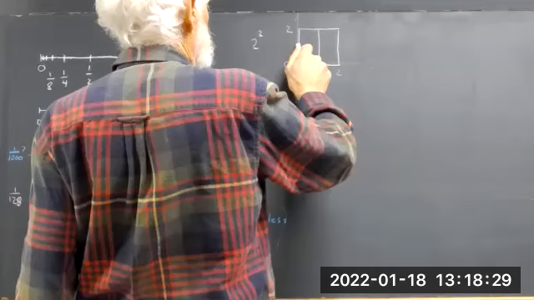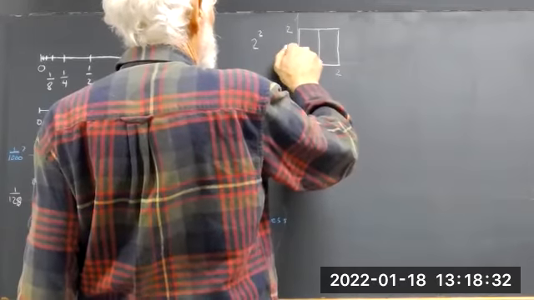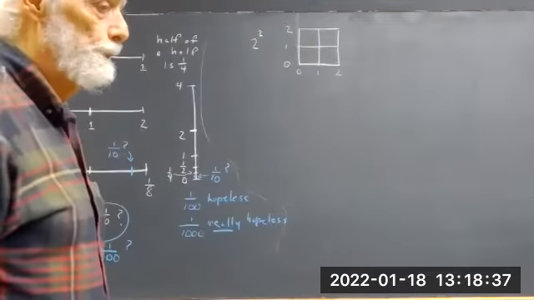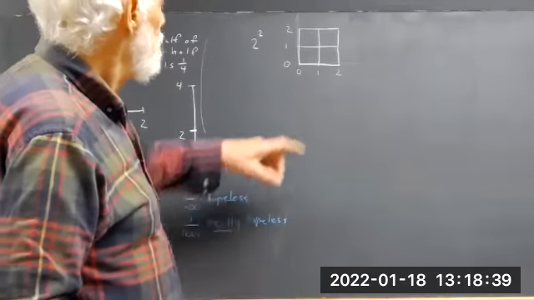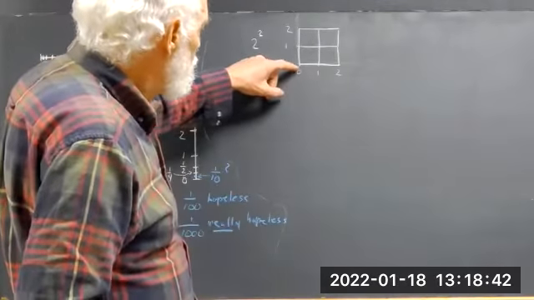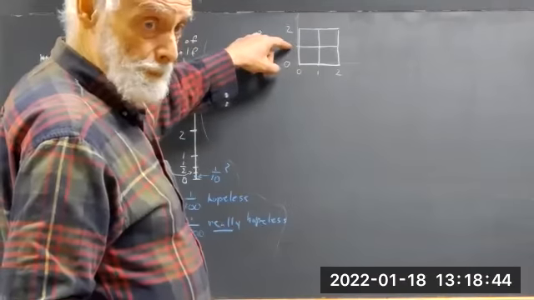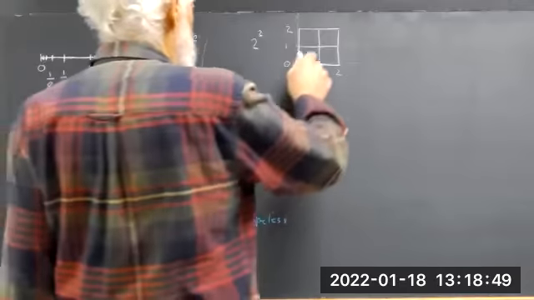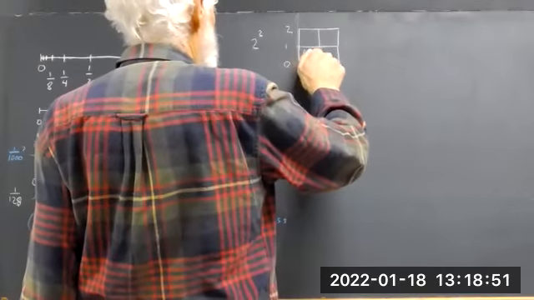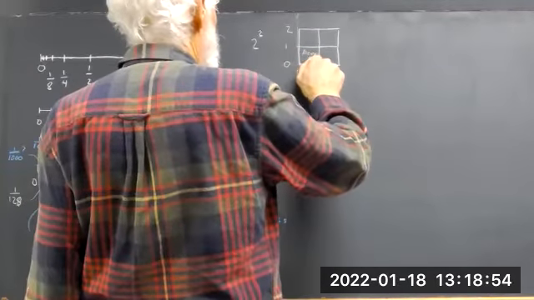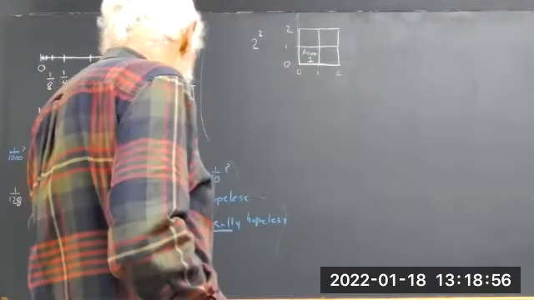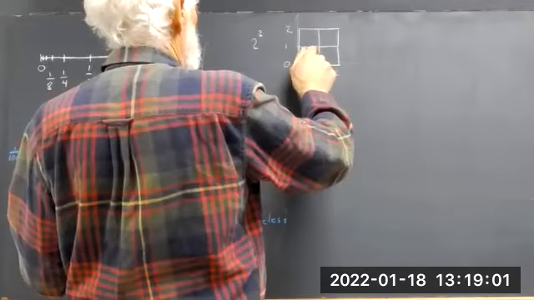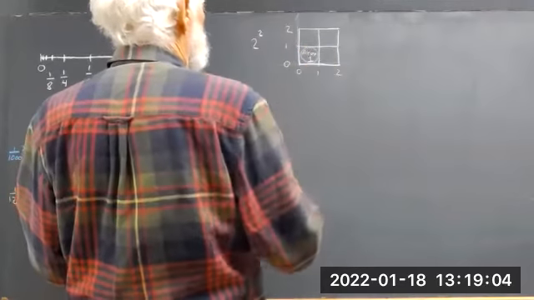Then we do the same thing here. We divide it in half again, so that this square is 1 by 1. Well, that's going to be a unit. Okay, so this has an area of 1. What I should have done, I'll just put a purple circle around this.